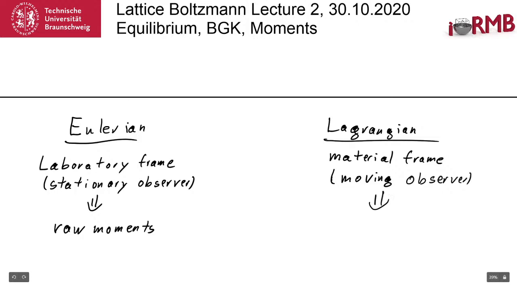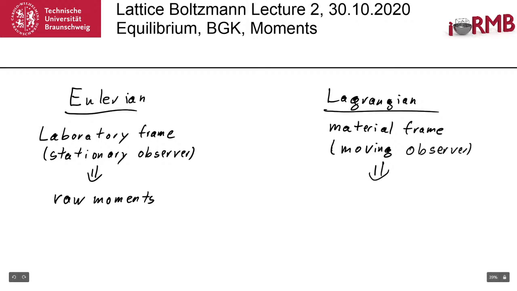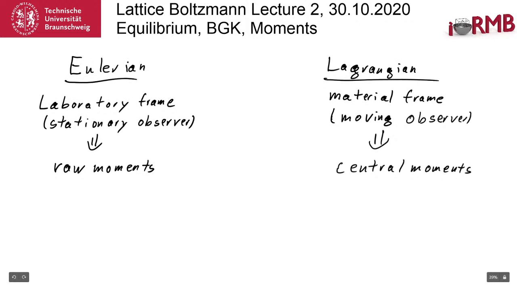These moments are called central moments. The raw moments we have already seen. What we derived so far were raw moments. We define a frame of reference, our laboratory frame, the frame at rest, and we look at the moments and get raw moments. What we still have to see is what the central moments are.